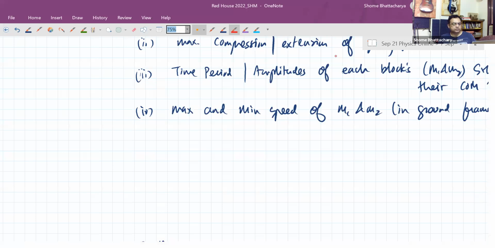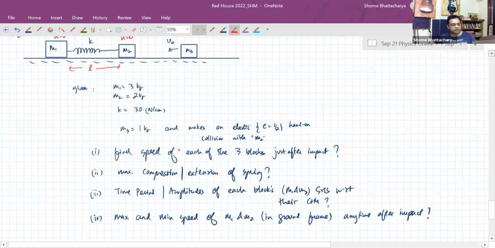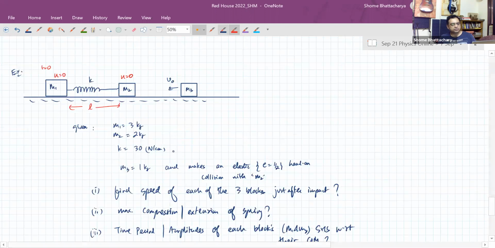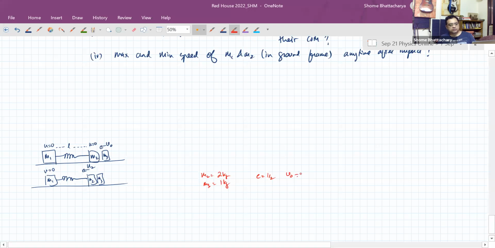Maybe I have not given v naught, so let's take a numerical value: v naught is, let's say, 2.4 centimeters per second.